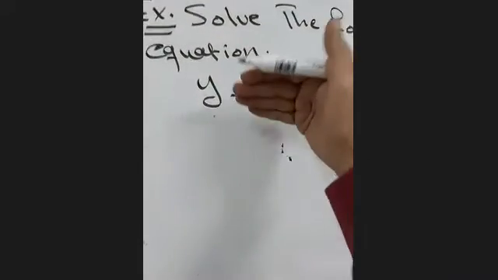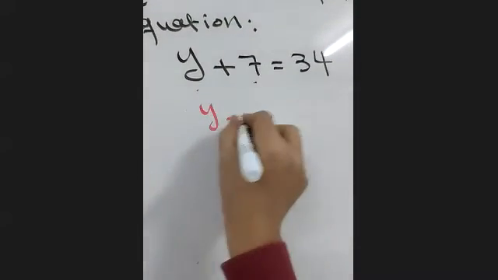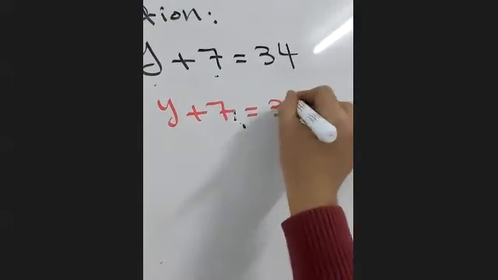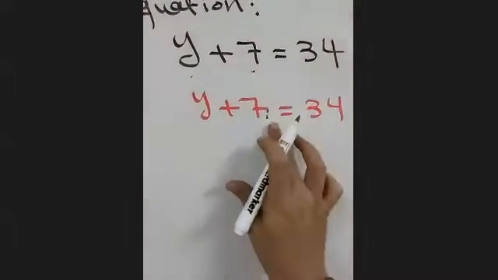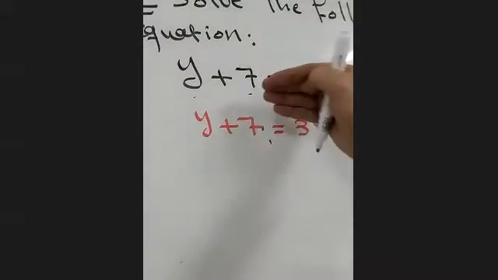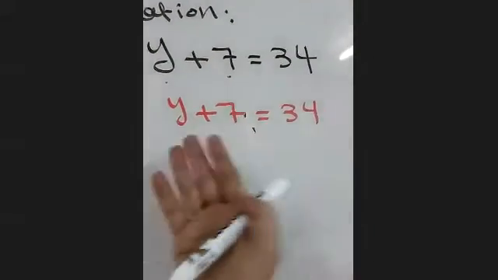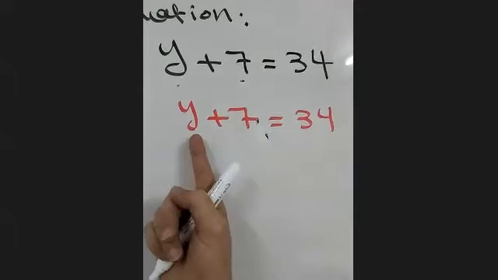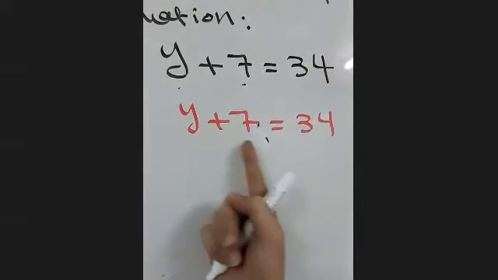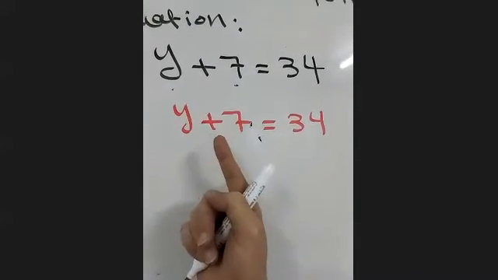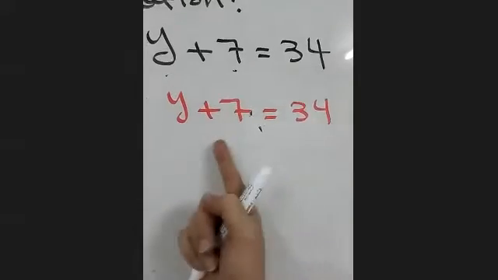So I will rewrite the equation. Y plus 7 equals 34. Rewrite the equation means write the equation again. Now, where is the variable and the connected constant here? This is the variable, and this is the connected constant, 7. And it's addition. So I will subtract 7 from both sides.